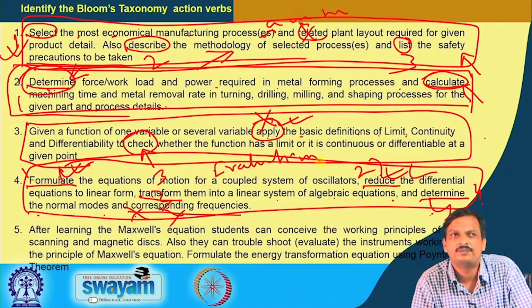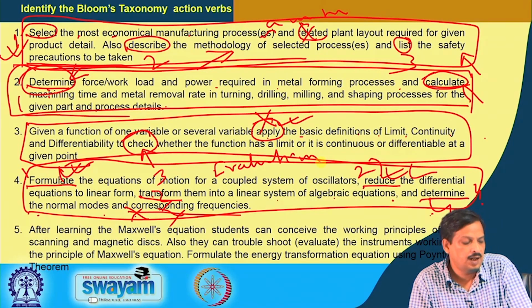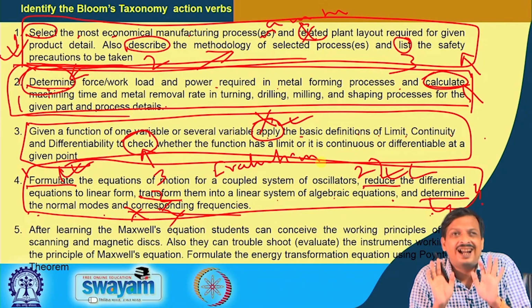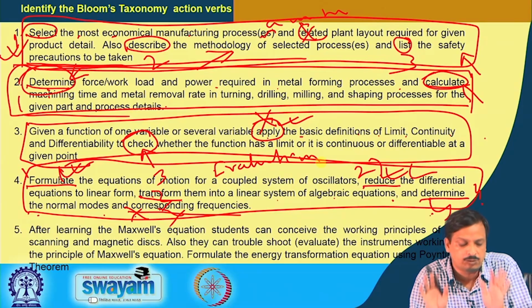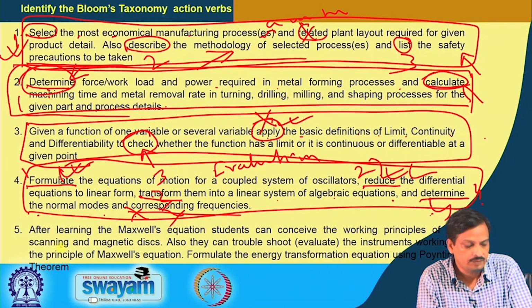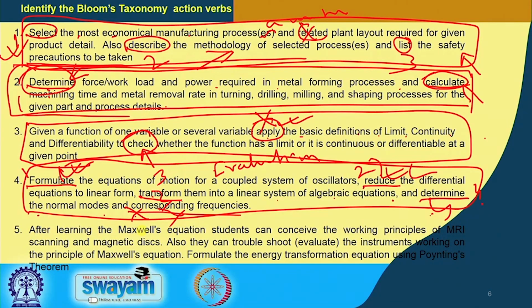Okay. Last one: first find out the targeted action verbs. What are the action verbs present? Just read. Whether they learn the Maxwell equation or not does not matter; what matters is what they have to do.